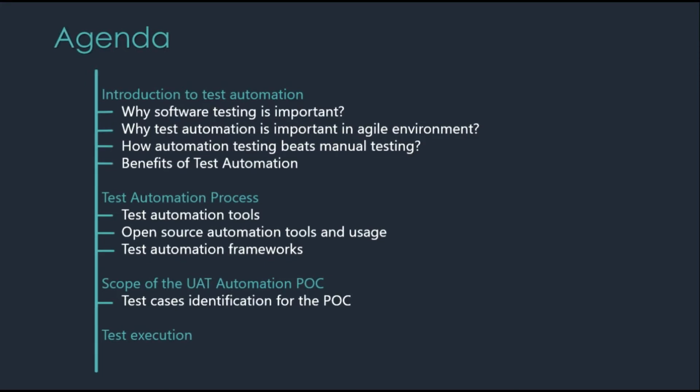And then secondly, I will discuss the test automation process. In that part I will highlight some of the commercial tools and the open source test automation tools, and also I will talk about the frameworks that we can use for test automation.